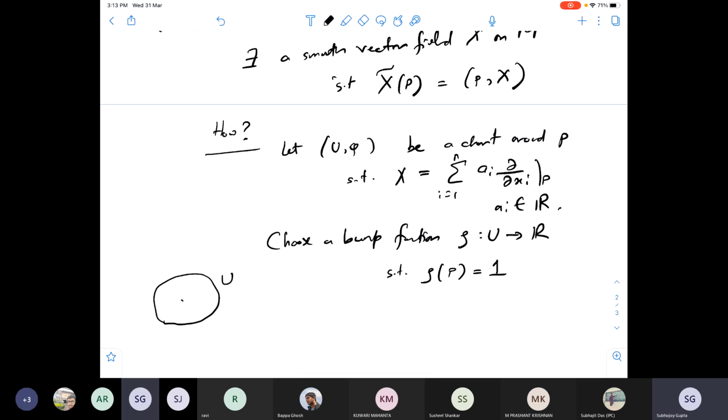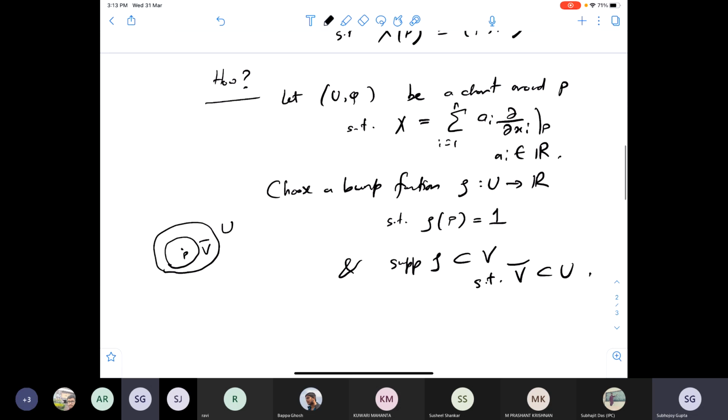This is U, the point P, and I want this rho to vanish in a neighborhood of the complement of U. In other words, I want the support of rho to be contained in V such that V closure is contained in U. You can always guarantee this.